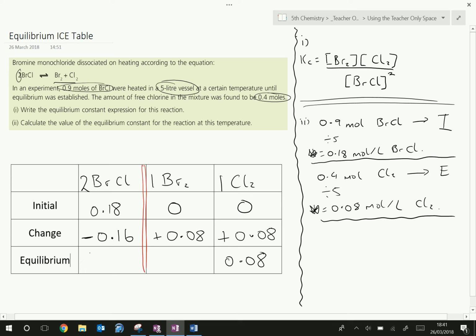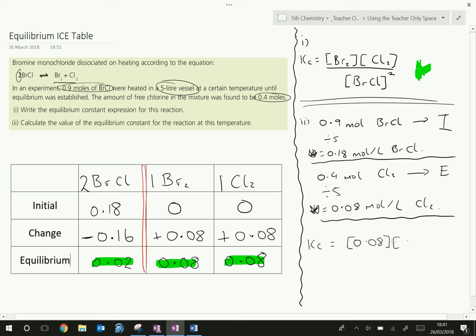Now I can fill in the rest of the equilibrium row. For the Br2, I started with 0 and have an increase of 0.08, so 0.08. For the BrCl, I began with 0.18, went down by 0.16, so I have 0.02 left over. From that we can substitute these values from the equilibrium row back up into my Kc equation. Kc is equal to, for bromine, 0.08.